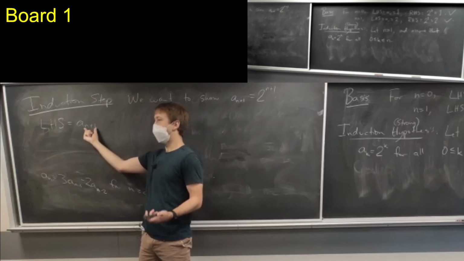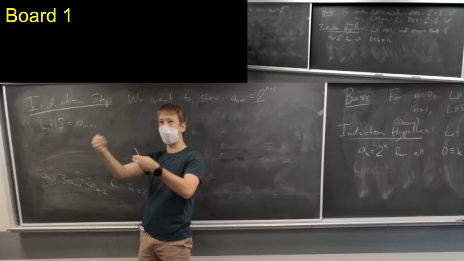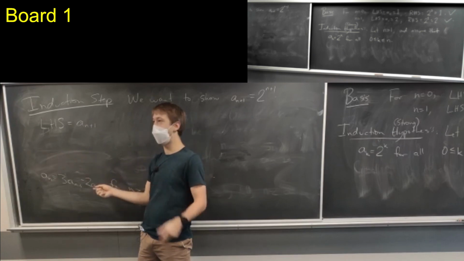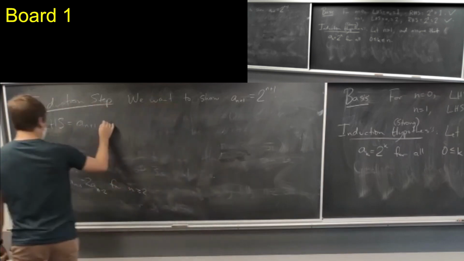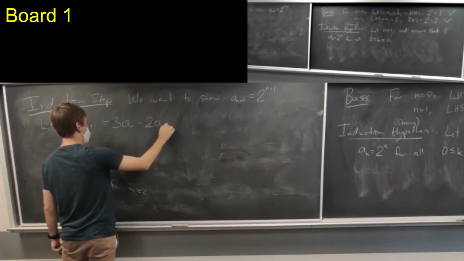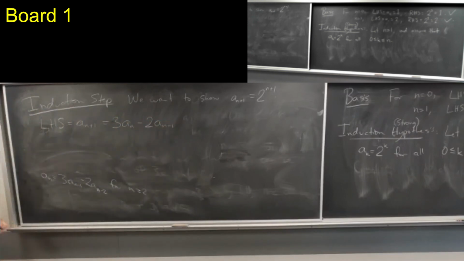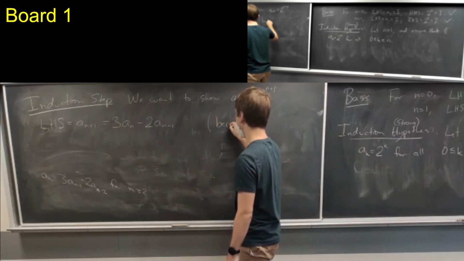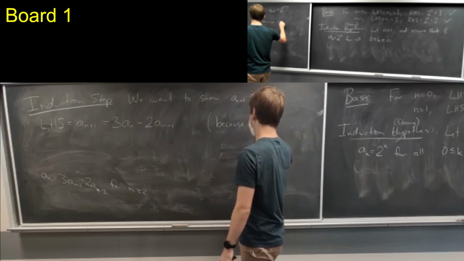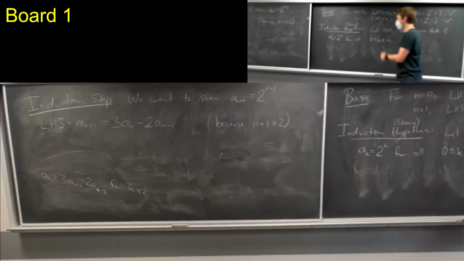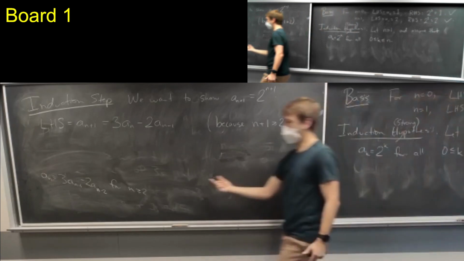But basically any case is equal to 3 times the previous case minus 2 times the case before that. That is the key idea here. So this should be 3an minus 2an minus 1. You could think of it as substituting, but this only works because n plus 1 is at least 2. So therefore this formula holds.